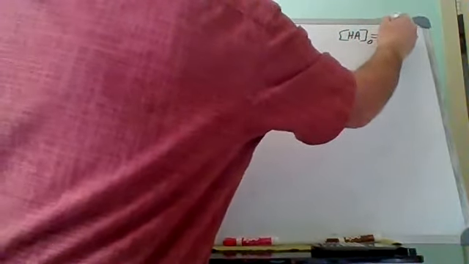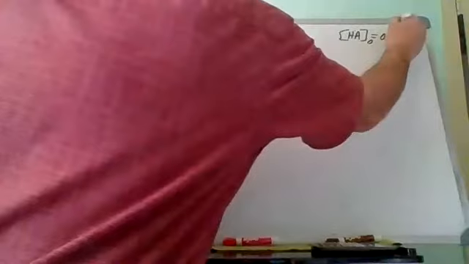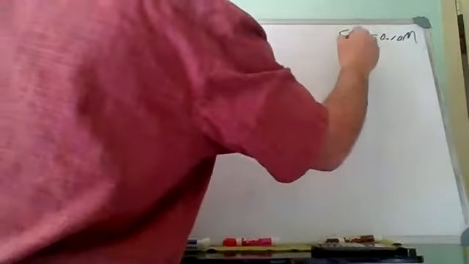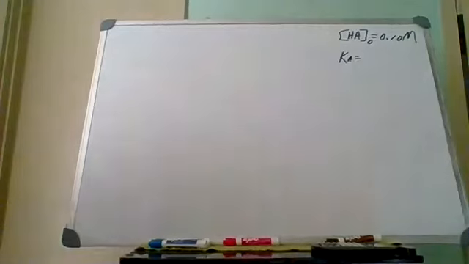Right, so 0.1 molar acetic acid. Again, I'm just going to write HA, which is 0.10 molar. All right, and so we should get Ka. Now I'm going to write Ka very small here because I want to have a lot of room to work.